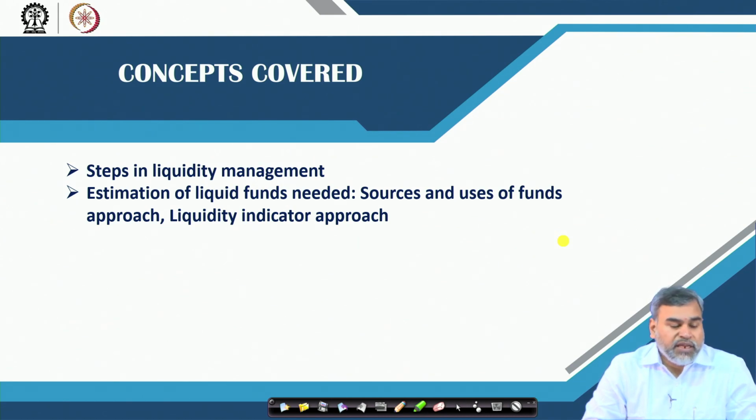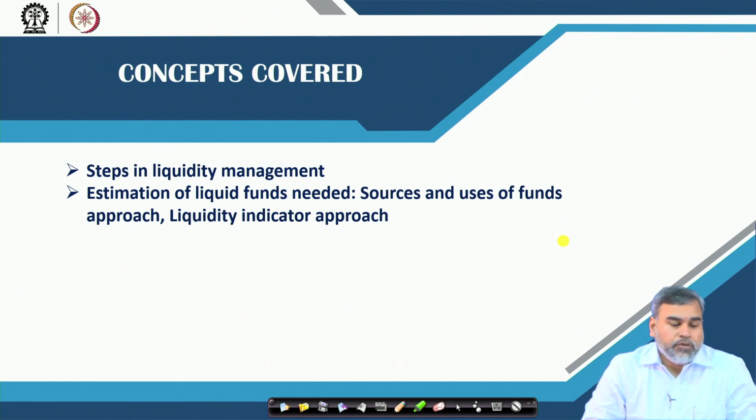There are many approaches the commercial banks use to measure the liquidity needs, that is, how much fund they need to manage their liquidity positions. Today we will be discussing 2 approaches, one is the sources and uses of funds approach and the other is the liquidity indicator approach, and the other approaches we will be discussing in the forthcoming classes.